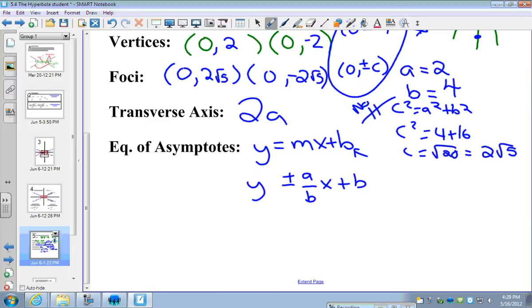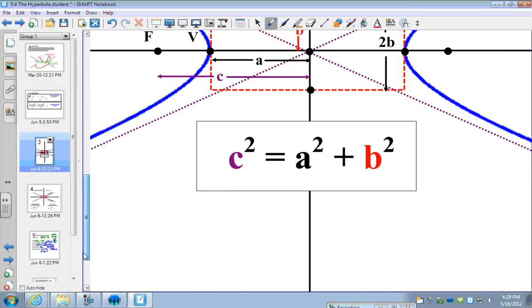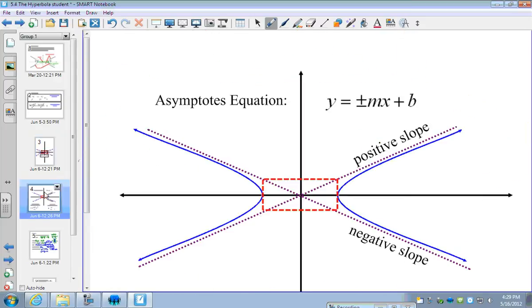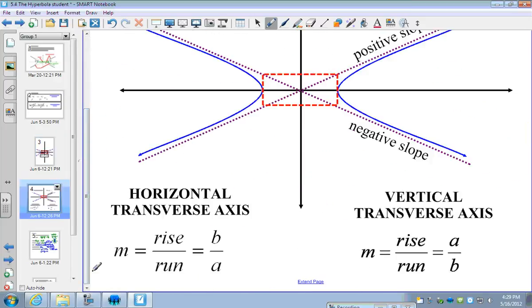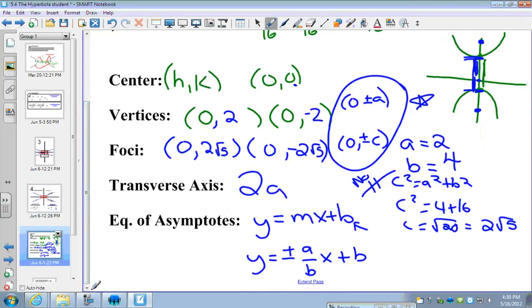If I forgot the type, I just look right here, because it was vertical, a over b.